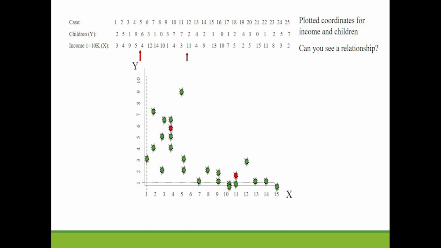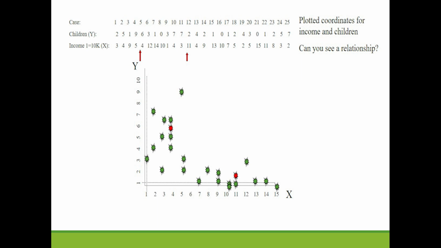So, we can see whether the relationship is positive or negative, or whether there is no relationship between the plotted coordinates presented on the screen, where we have the number of children expressed on the x-axis, and family income expressed on the y-axis. So we see the slope of the line where the points are all fitted, which will tell us the nature of the relationship which is there.